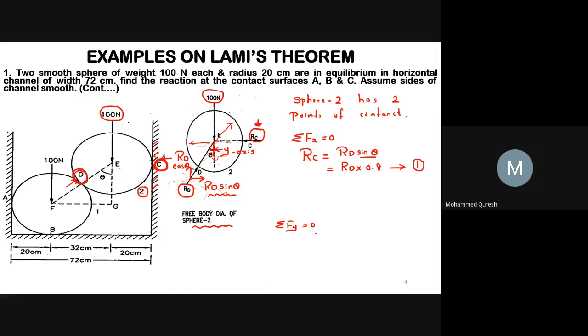Now, summation of Fy equals 0. We have to calculate the vertical forces. Therefore, one vertical force will be RD cos theta and the other vertical force is 100 Newton. So, we may write RD cos theta equals 100, and the value of cos theta we had obtained earlier is 0.6.